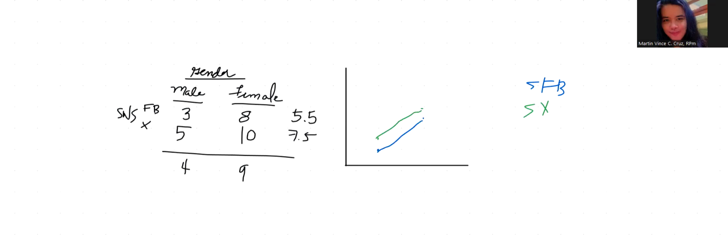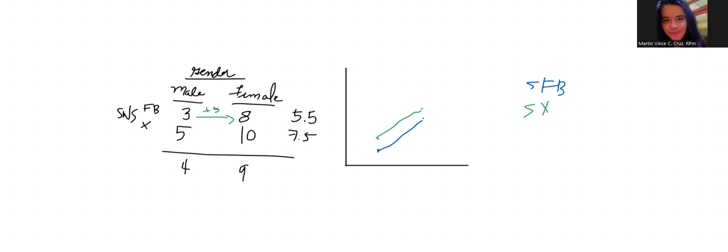So pag sinabi nating parallel yung nalabas na line, it means that the unit change is constant. So as you can see in this example, the difference between male and female participants using Facebook on average has a constant of positive 5.